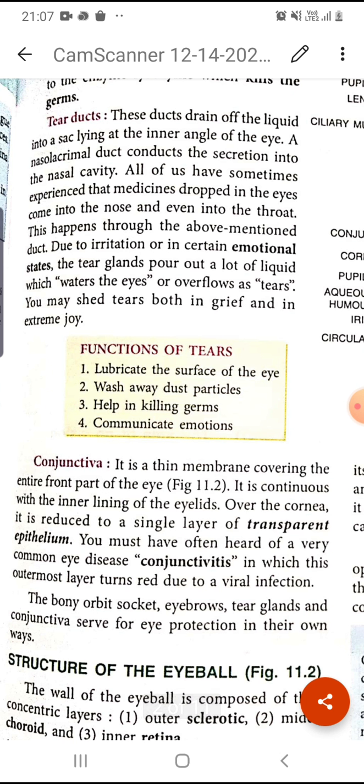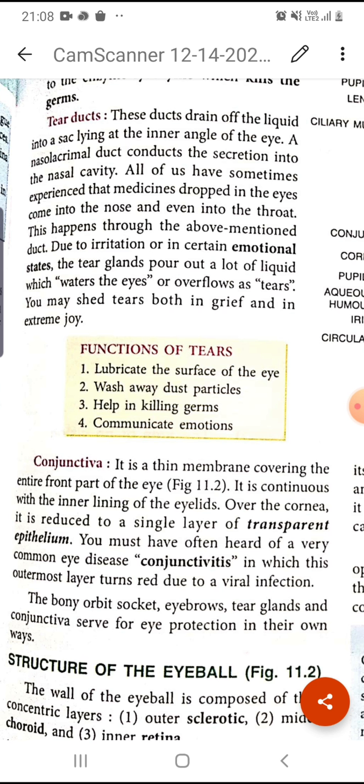So from the lacrimal ducts or tear ducts, it will come into our nasal cavity. Due to irritation or in certain emotional states, the tear gland pours a lot of tears inside our eyes, that water the eyes or sometimes overflow as tears.